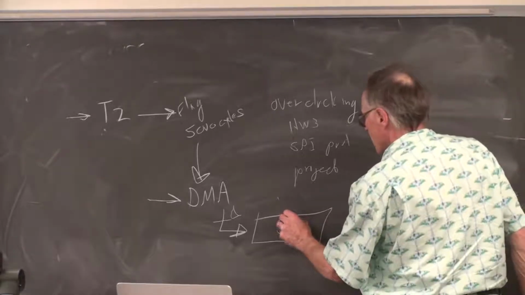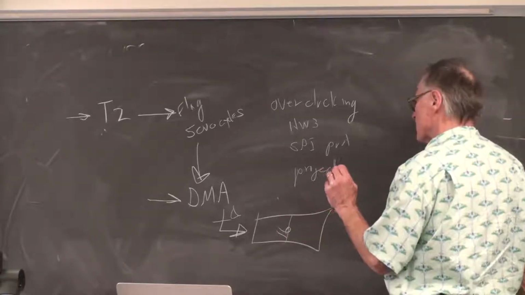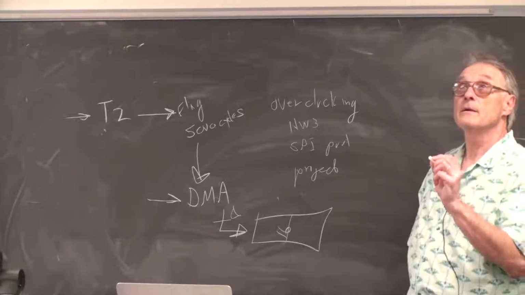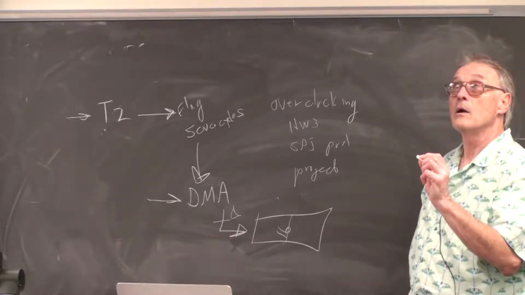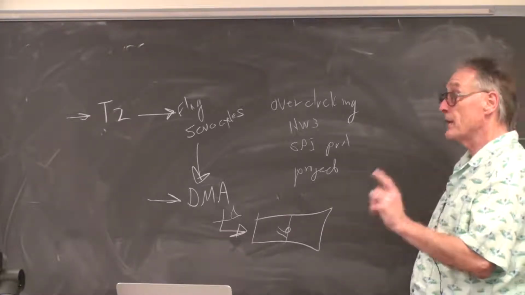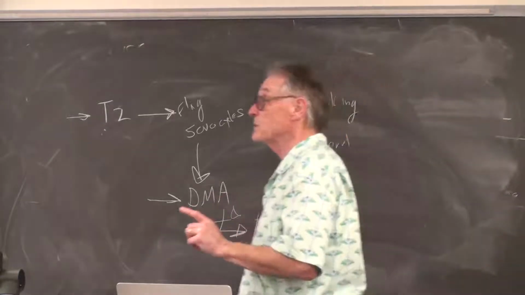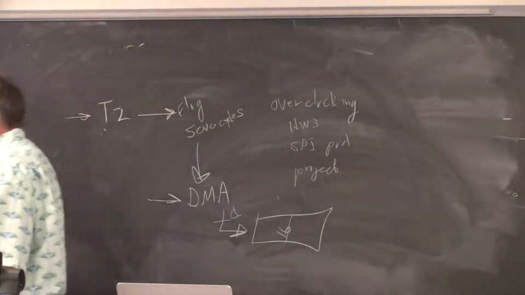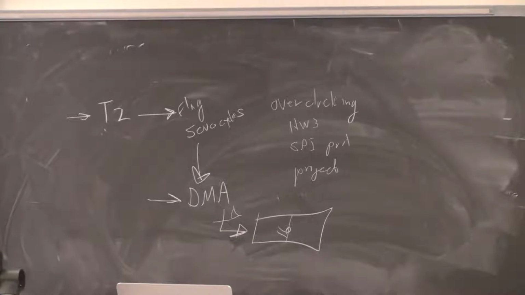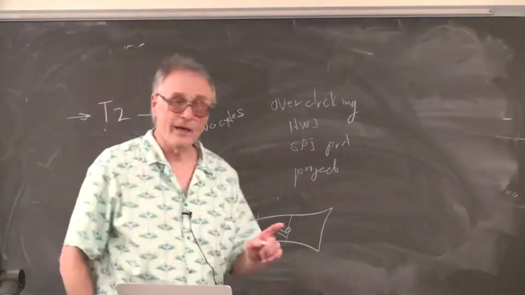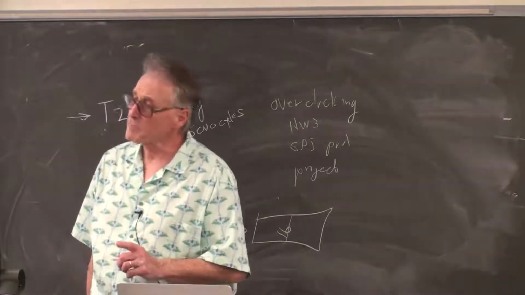It writes the low order byte, then the high order byte, because it goes in memory order. And the SPI is triggered only after the second byte is written.